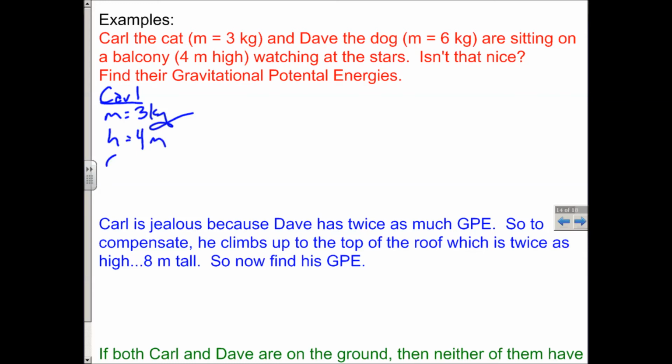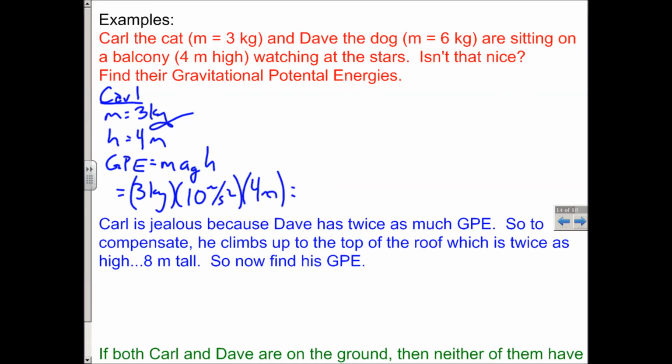So to find his GPE, we're going to do m times g times h: 3 kilograms, 10 meters per second squared, 4 meters. 3 times 10 is 30, times 4 is 120. The units we get are kilograms times meters per second squared times meters. So you get kilogram meters squared per second squared, or joules.